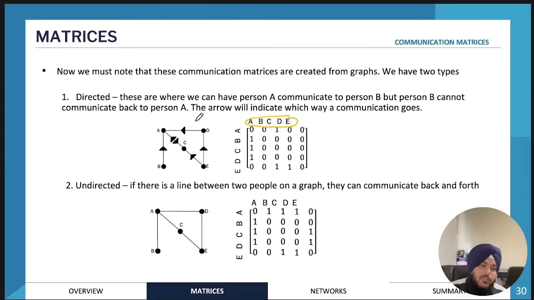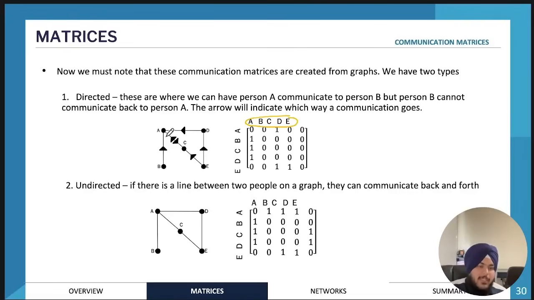We usually have network diagrams as well. This is treated as an introduction to networks, our next topic. A network diagram is another way of representing this information in a more visual way, whereas matrices usually represent the communication systems in a more mathematical way.